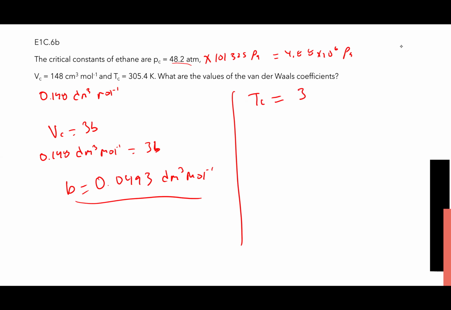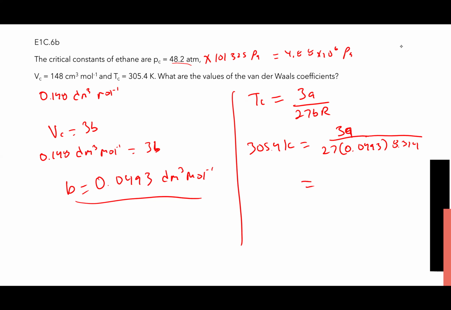So we have 8A over 27BR. If our temperature is 305.4 Kelvin, we want to know what A is. We have 27, our value for B was 0.0493, and then R, always 8.314. Makes it easy.